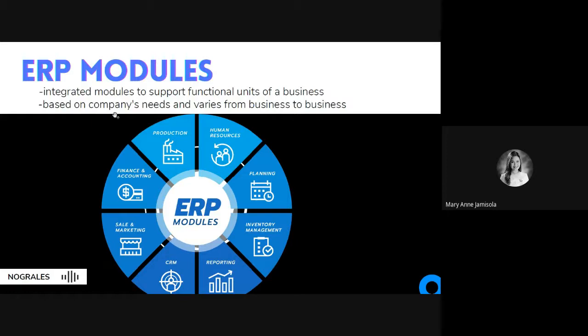This is based on the company's needs and varies from business to business because, for example, if your business is not into manufacturing, of course, you should not have a production module, right? If your company is into the rendition of services, you will also not have an inventory management module. So this will really vary from business to business.